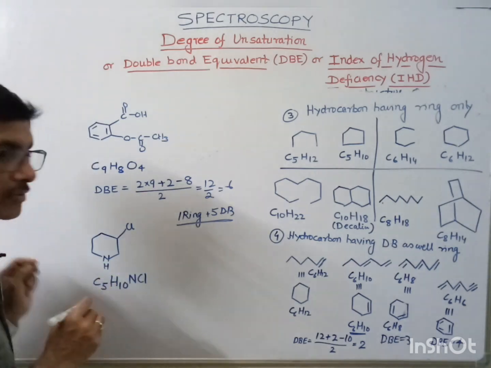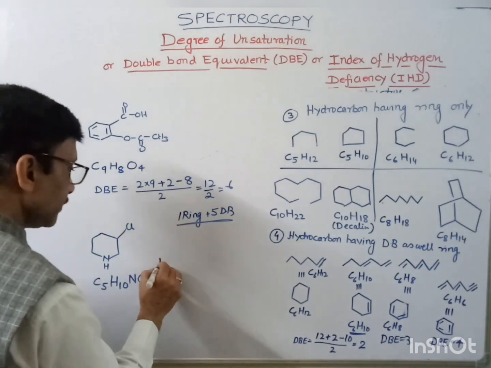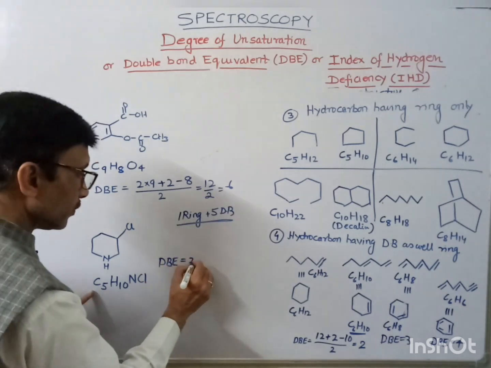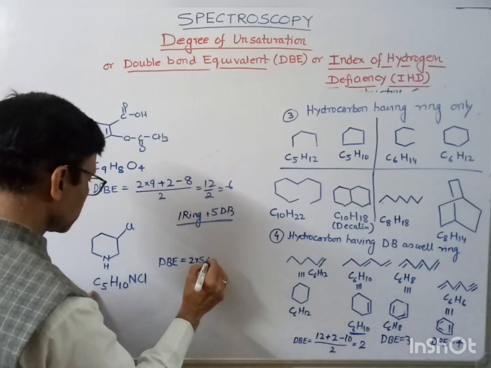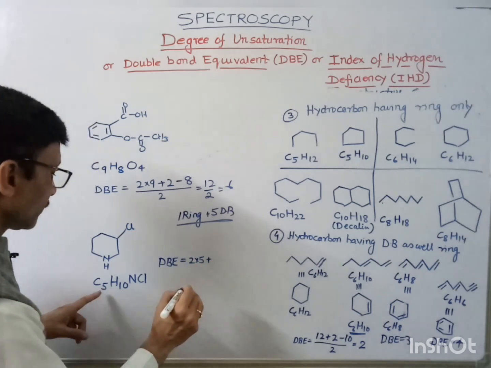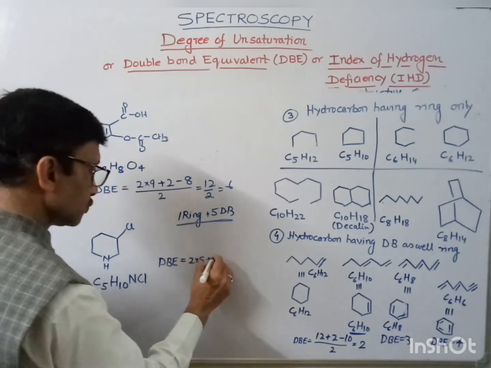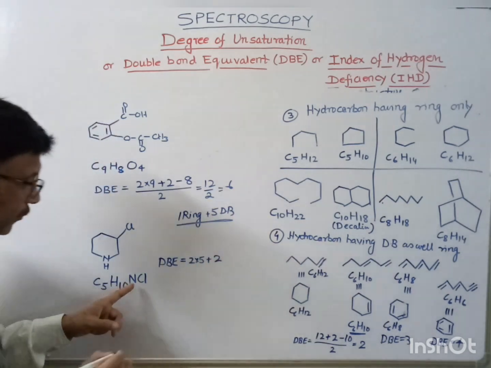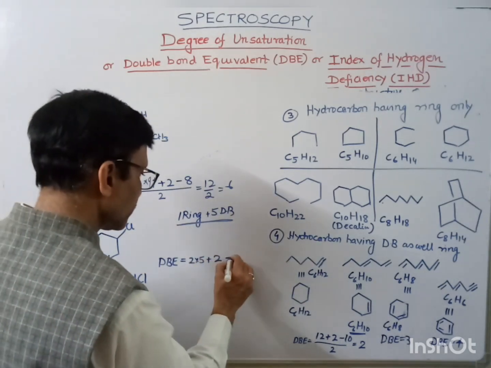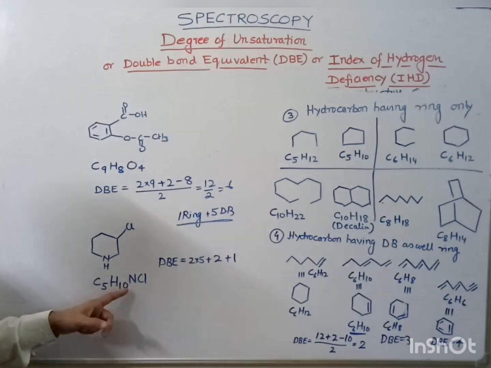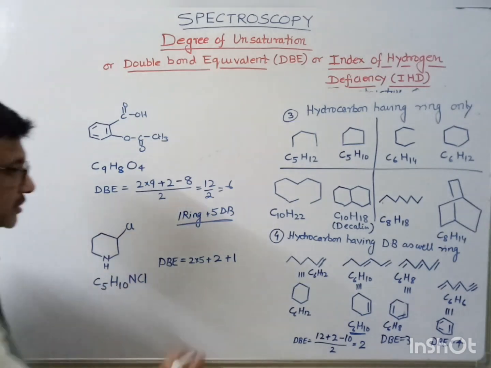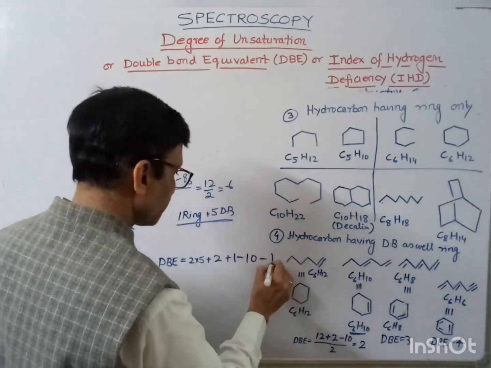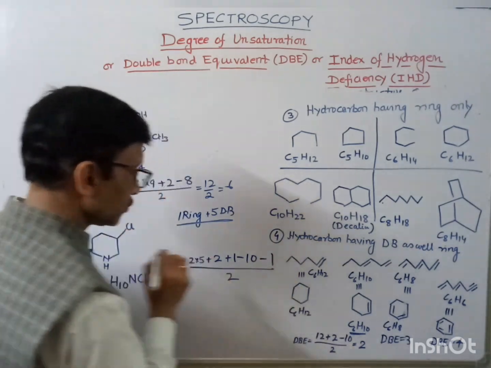DBE comes out to be (2 multiplied by 5, plus 2, plus the number of nitrogen atoms which is 1, minus hydrogen atoms which is 10, minus the halogen atom which is 1), divided by 2.